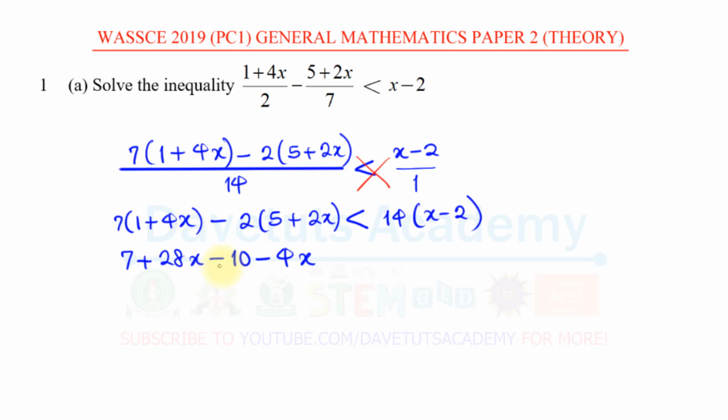This is the right approach to open up a bracket when you are multiplying with a negative sign. Then this is less than 14 times x, which is 14x, then 14 times minus 2 is minus 28. Having done that, we are on the right track.